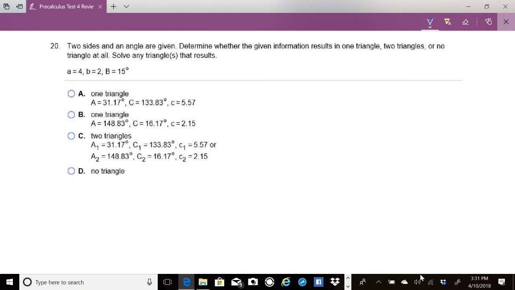What you want to bet, we're going to do one in which you have two triangles. And for this, the numbers have to be set up just right so that you have room for two triangles.